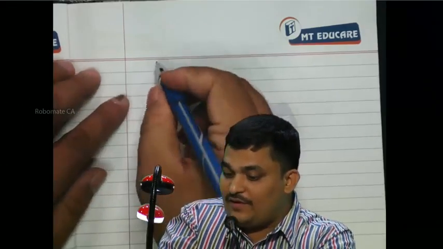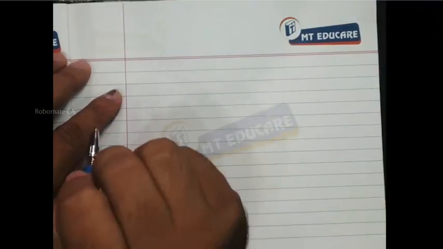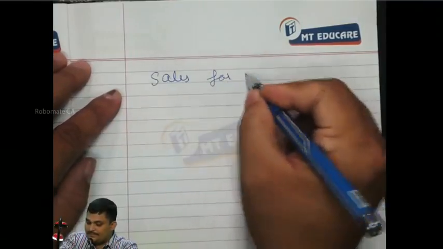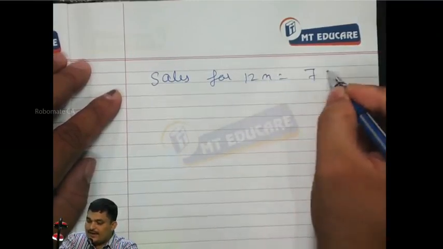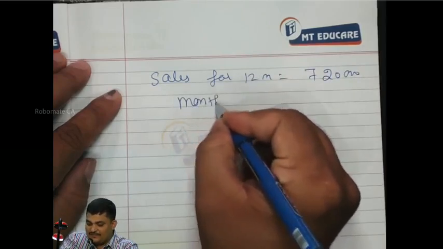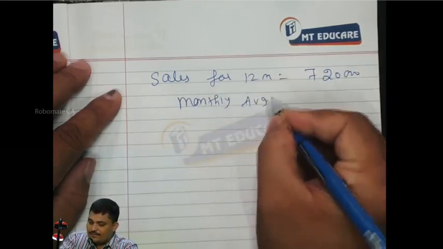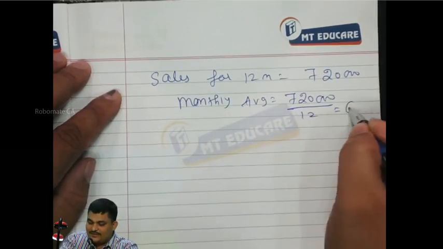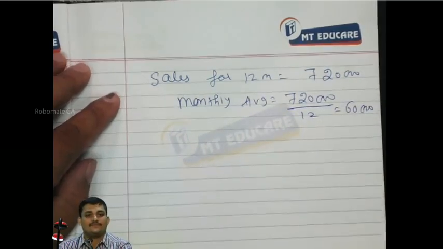Now first of all, it should be based on average sales. Sales for 12 months, 7,20,000. Monthly average, 7,20,000 by 12, it is 60,000.